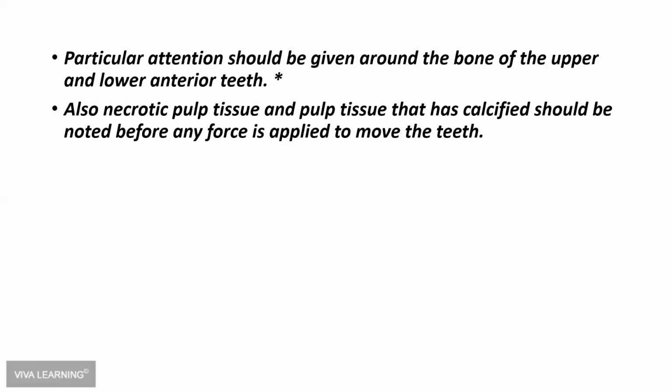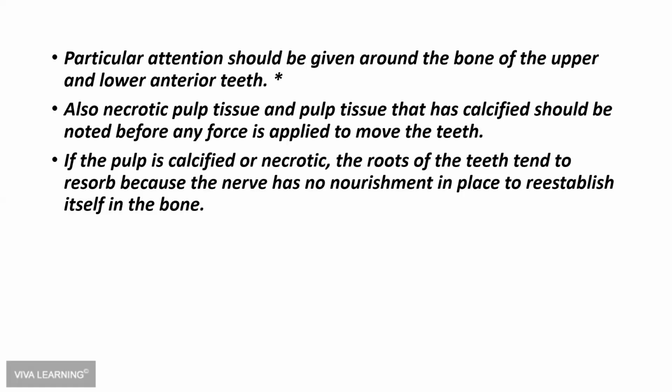This should be noted before you apply any force to those teeth to move them, because they're not going to recuperate because the nerve is already dead or the nerve is already calcified. So that's something that you have to look at. And if the pulp is calcified or necrotic, the roots of the tooth will resorb because the nerve has no nourishment in place to reestablish itself in the bone. So these are some of the things that you have to look at when you have a sickle cell patient.